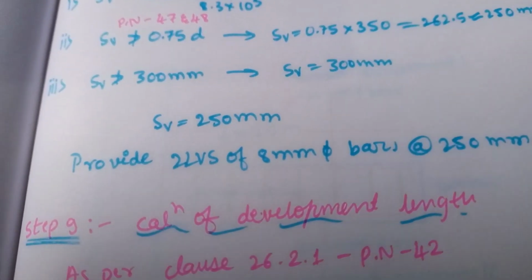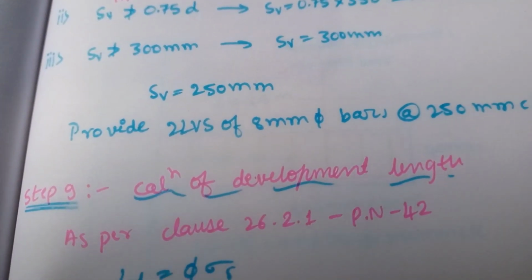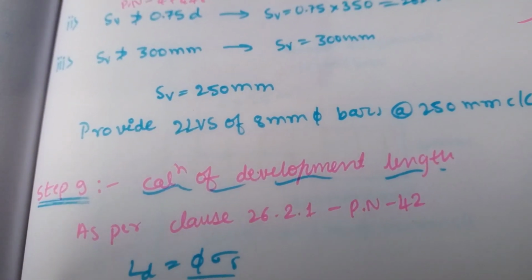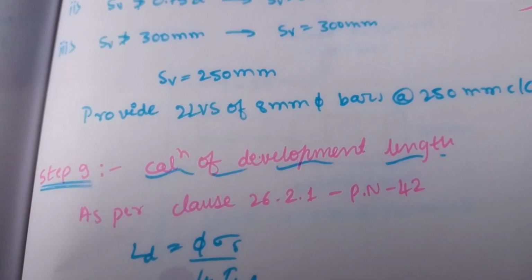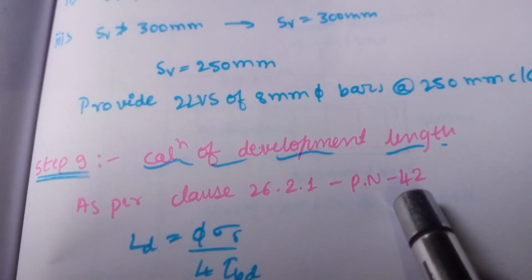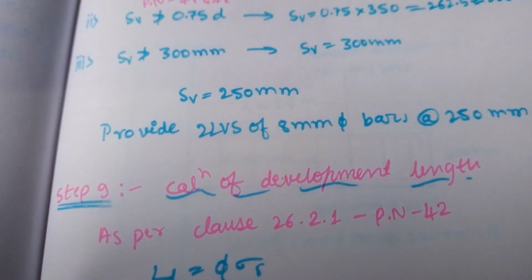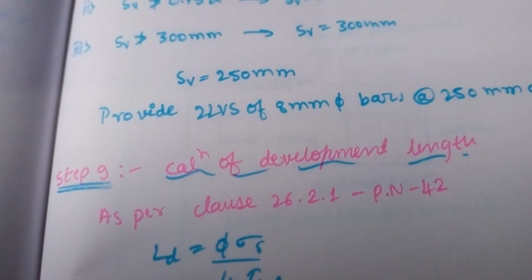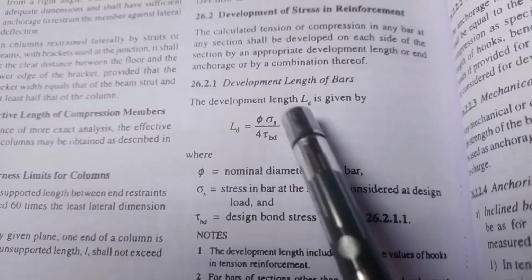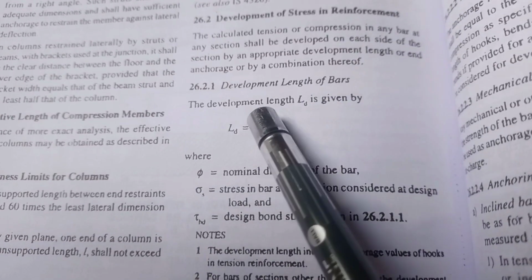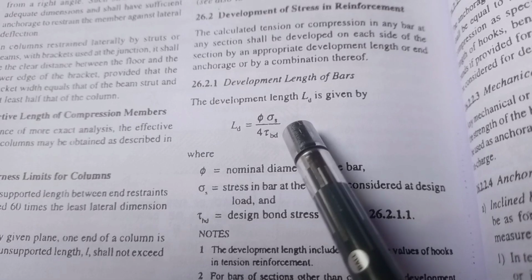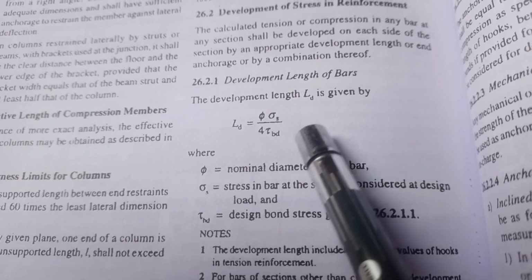So our last step is the calculation of the development length. So it's a cantilever beam. Now we have to provide development length. So as per clause 26.2.1, page number 42 of IS 456-2000, we'll see what it says. For development length of bars, the development length Ld is given by the formula Ld is equal to phi sigma s divided by 4 into tau bd.